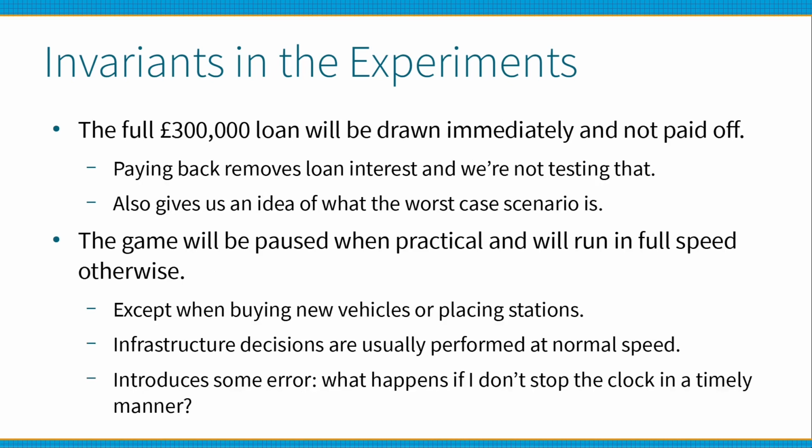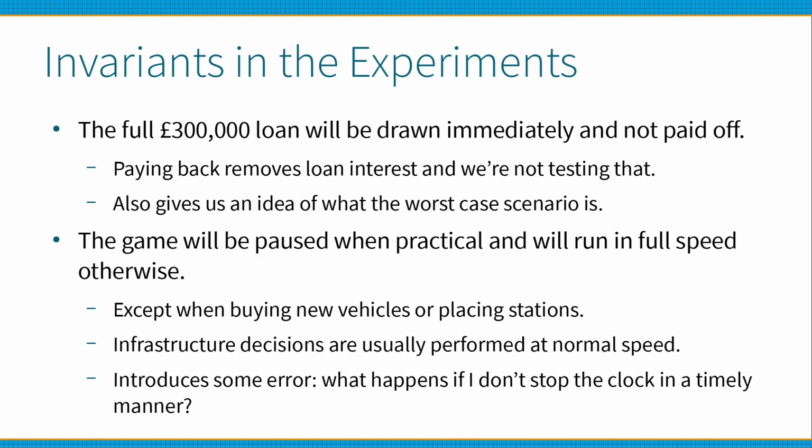And then we're going to take out the full 300 pound or 300,000 pound loan, and we're not going to try to pay it off. It's possible potentially to pay it off, depending on how you play, but it's maybe closer to the worst case scenario to not do that, so we're not going to try to pay it off immediately.